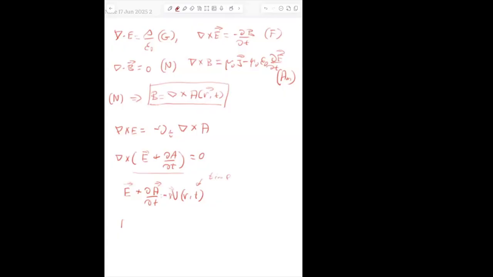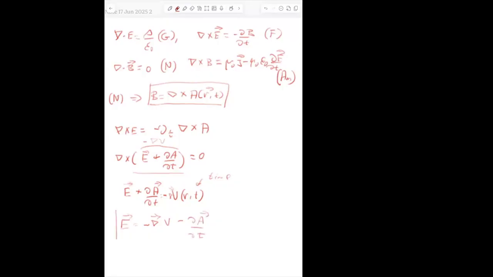The idea is that the rotor of a div is equal to 0. So all this junk I can write as div of some function V with a minus sign. This is just what we're used to. And then what we see is that E, and this is the important equation, is equal to, as usual, minus div V minus dA/dt.